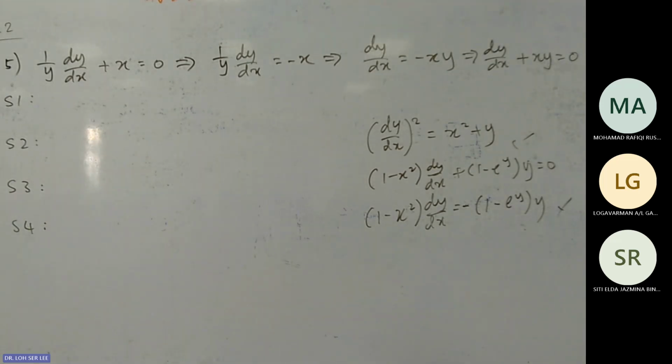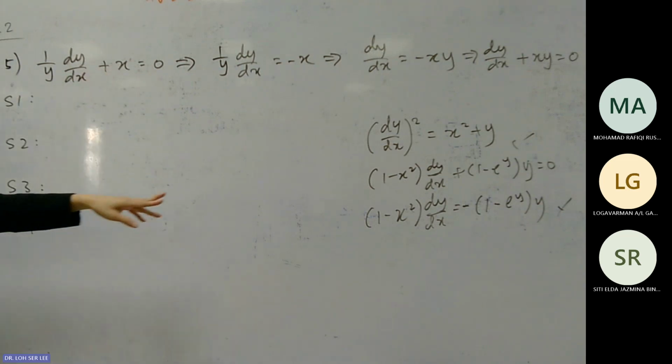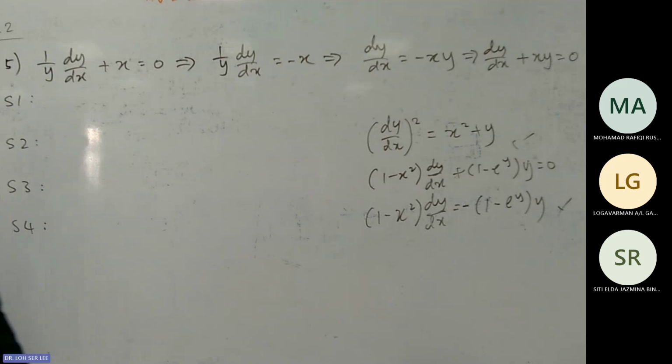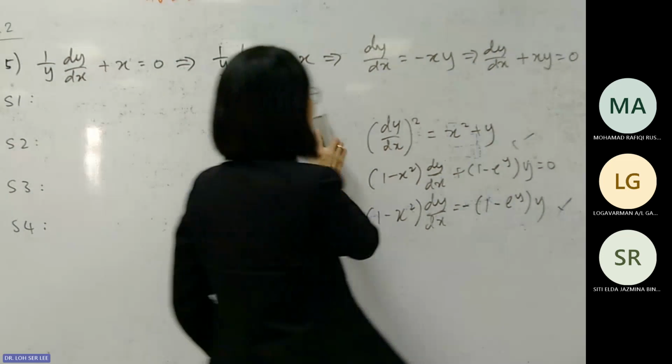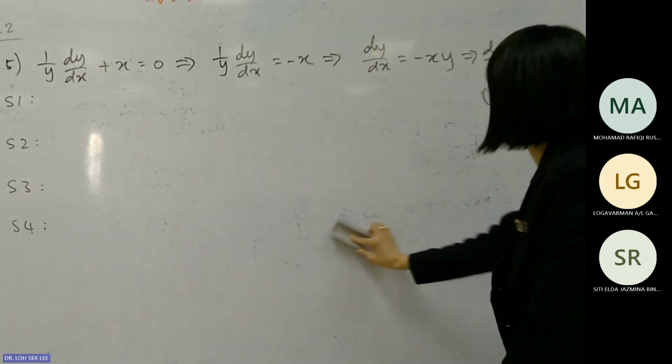Or you can try to multiply all the terms with y. When you multiply all the terms with y, you get dy/dx plus xy equals 0. You can straight away multiply the terms. Just do whatever you can. If you still fail to get the linear terms, then it is non-linear.